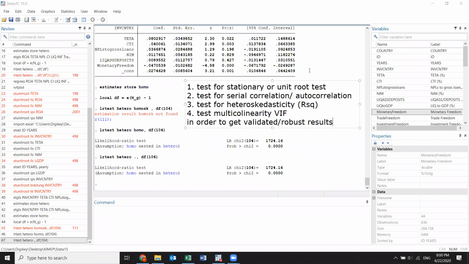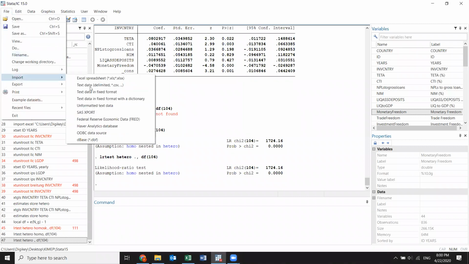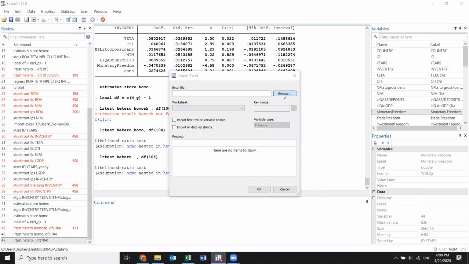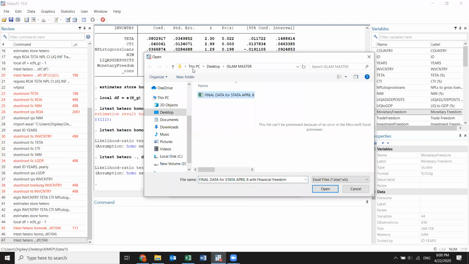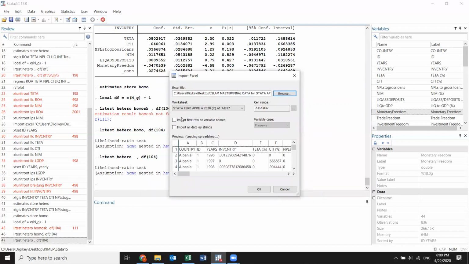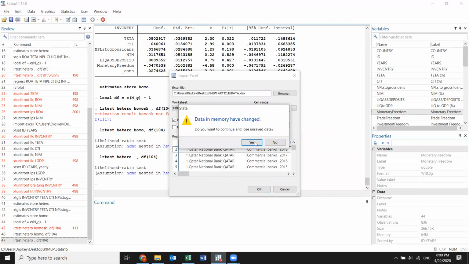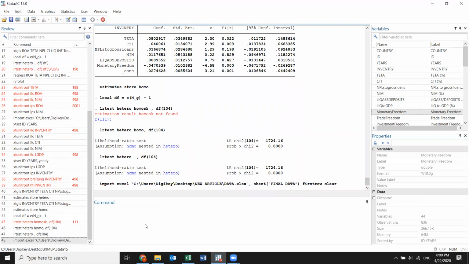If you don't have any questions, I'm just clearing everything, starting the analysis. So I will go for data, import, so I'm declaring the data.